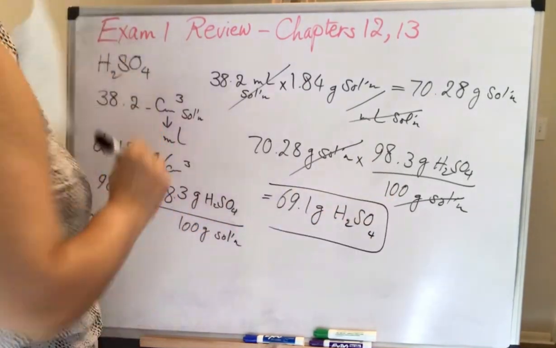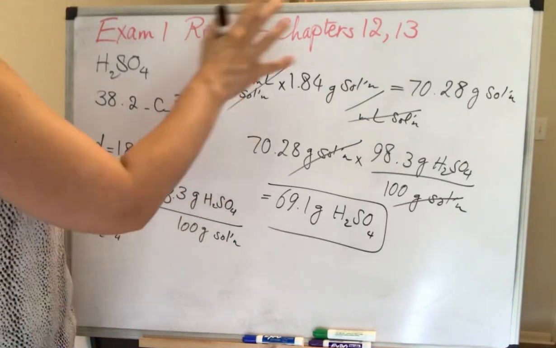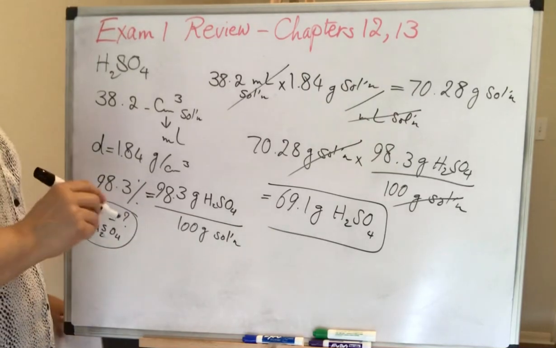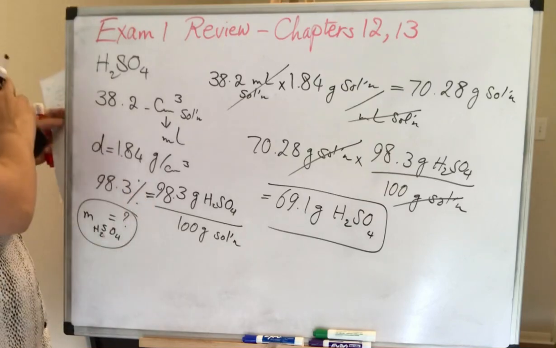Again, as I mentioned in the video lectures, you need to find out what you are solving for and then build it based on your unknown. That was question number 3.